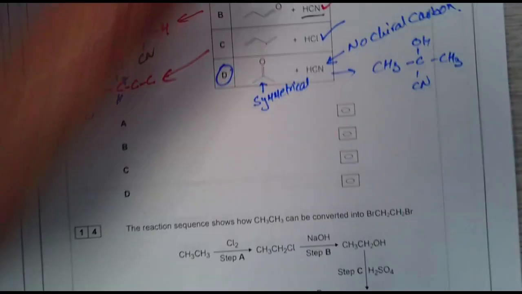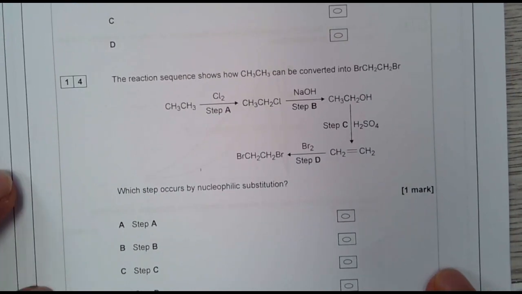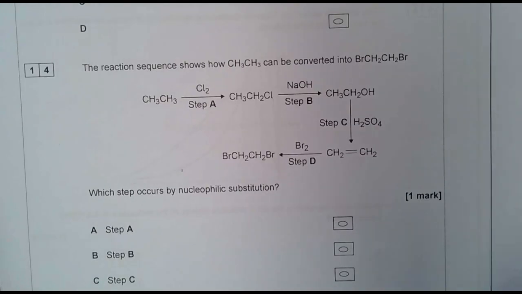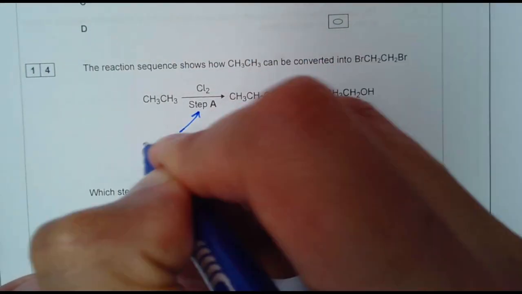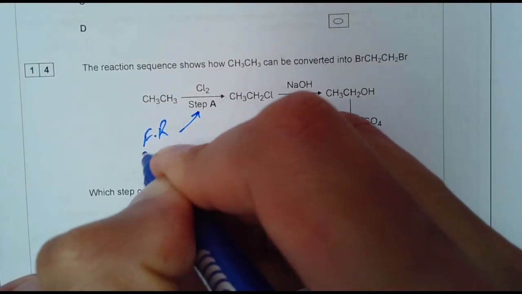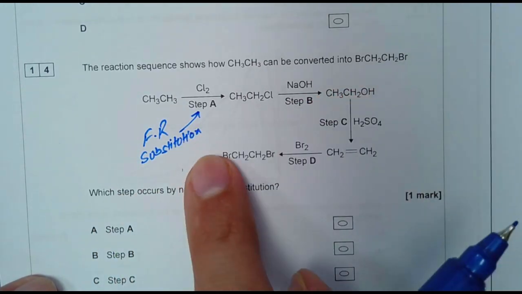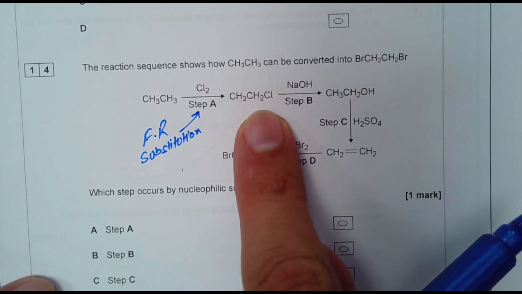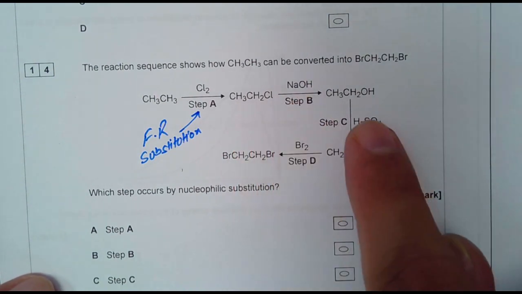Now, the next question talks about some route for synthesis of a desired product. So you've been given an alkane. Then you do a free radical substitution reaction. I can write down free radical substitution. Then you've got a haloalkane, and in this haloalkane you are adding NaOH, and it forms an alcohol.